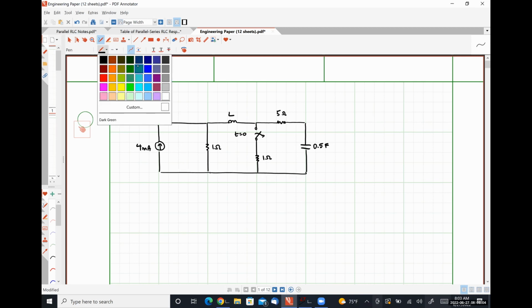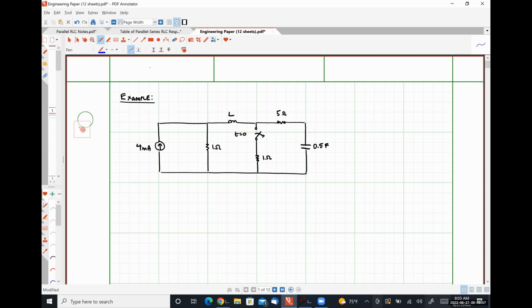Our critical pieces of information to determine will be our capacitor voltage, Vc of t, our inductor voltage, VL of t, and our inductor current, I of t, which will be common to our series RLC circuit during the transient condition.